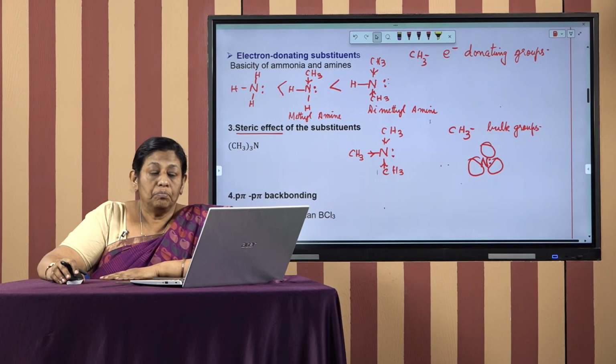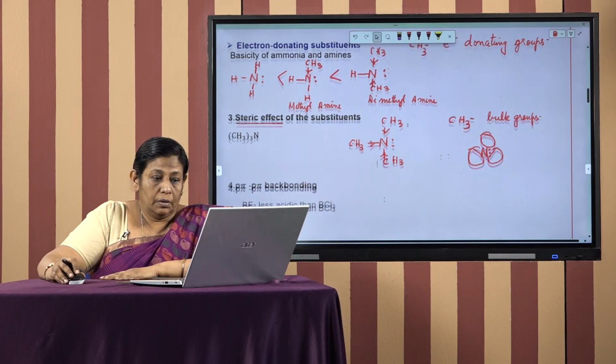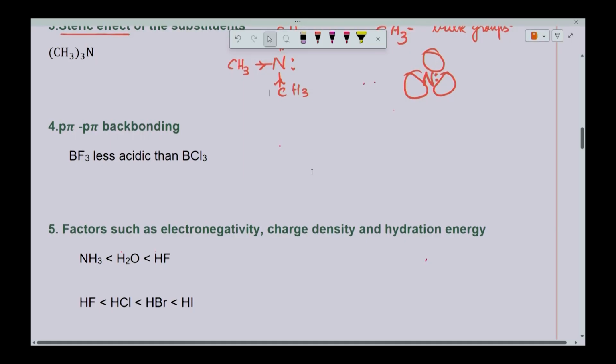Next is p pi back bonding. Let us see what it is. Here we are considering two compounds, BF3 and BCl3.